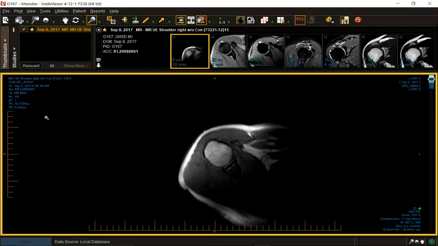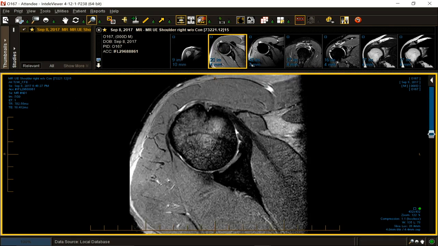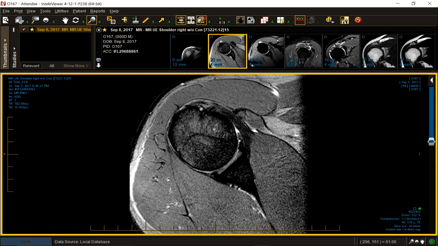51 years old, shoulder pain for 2 months, accompanied by limited range of motion and arm weakness. It's a man. Jump right to my axials. Water-weighted field echo, fast field echo.